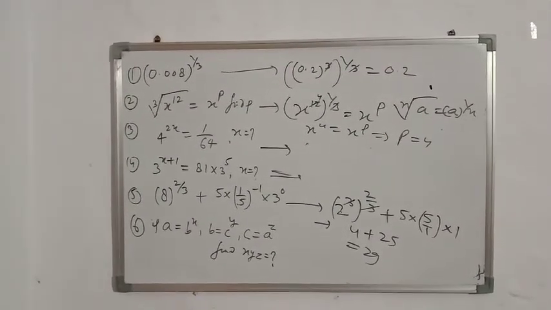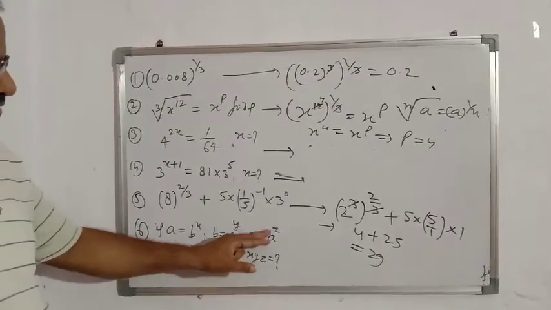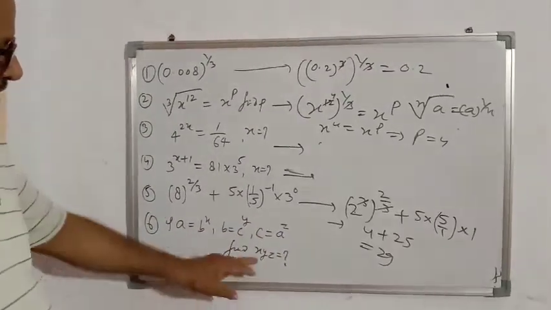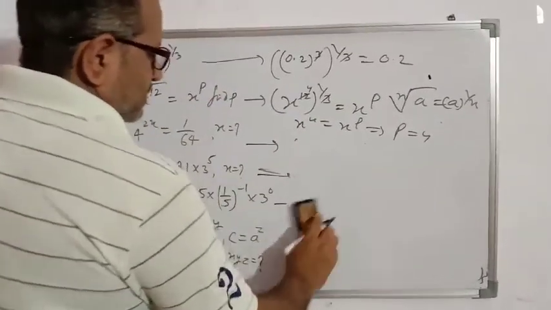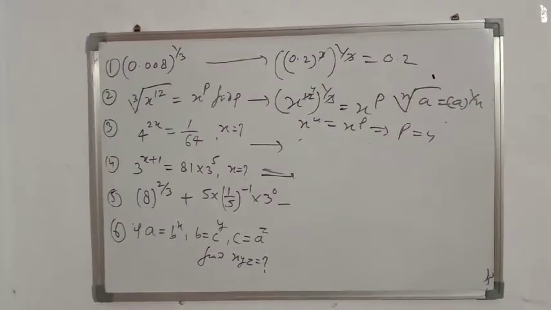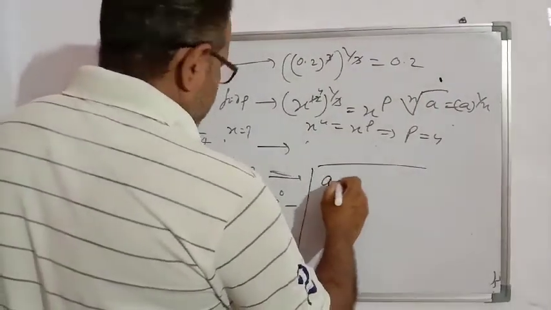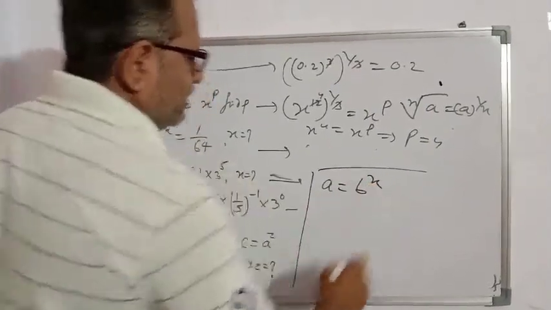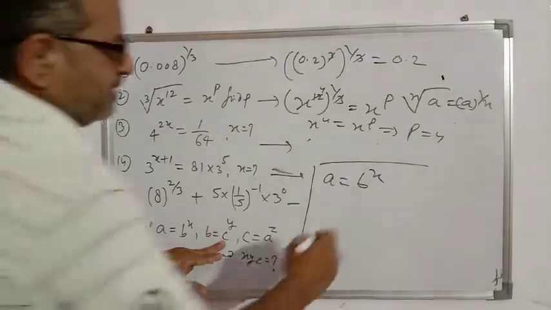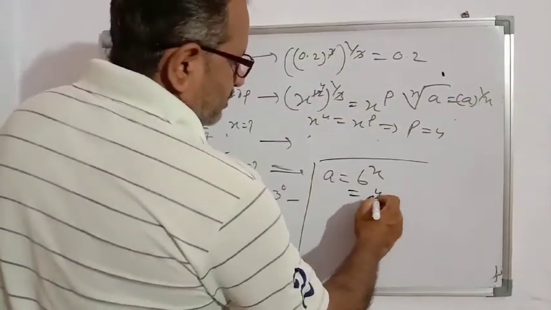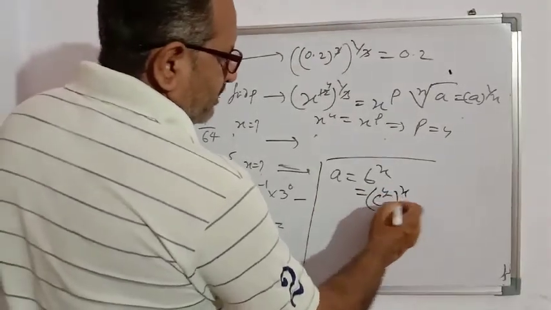See the last question. If a is equal to b to the power x, b is equal to c to the power y, c is equal to a to the power z, then what will be the value of xyz? a is equal to b to the power x, and b is c to the power y. In place of b, put c to the power y, whole to the power x.